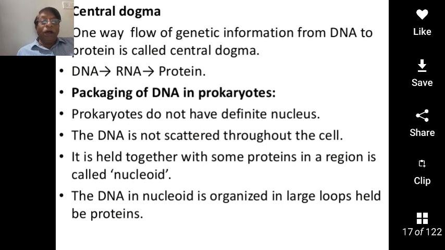So in prokaryotes, the nucleus is also called nucleoid. It's also called genophore. It is circular. That is, DNA is circular. So this is how the DNA is packed in prokaryotes.